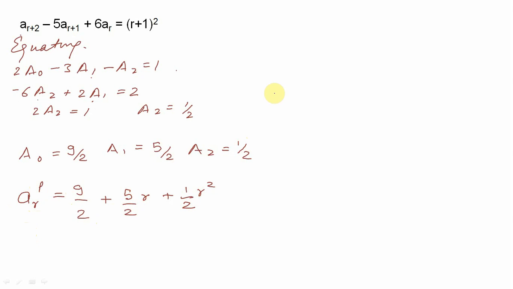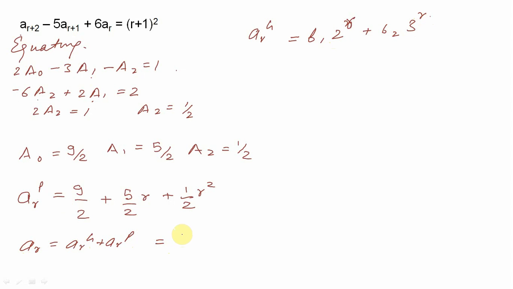Now we know the homogeneous solution. What was the homogeneous solution? a(r)H was B1 times 2 to the power r plus B2 times 3 to the power r. Now we know that the general solution a(r) is the sum of a(r)H plus a(r)P.